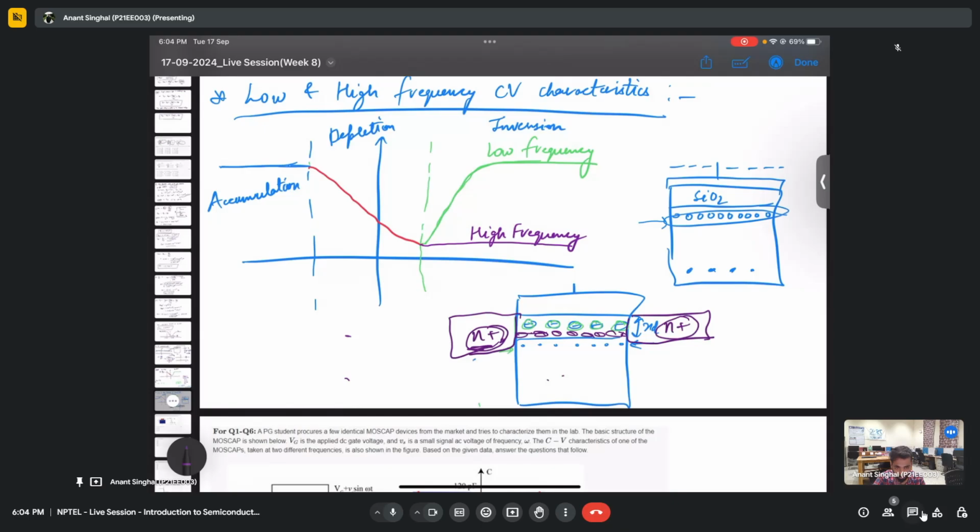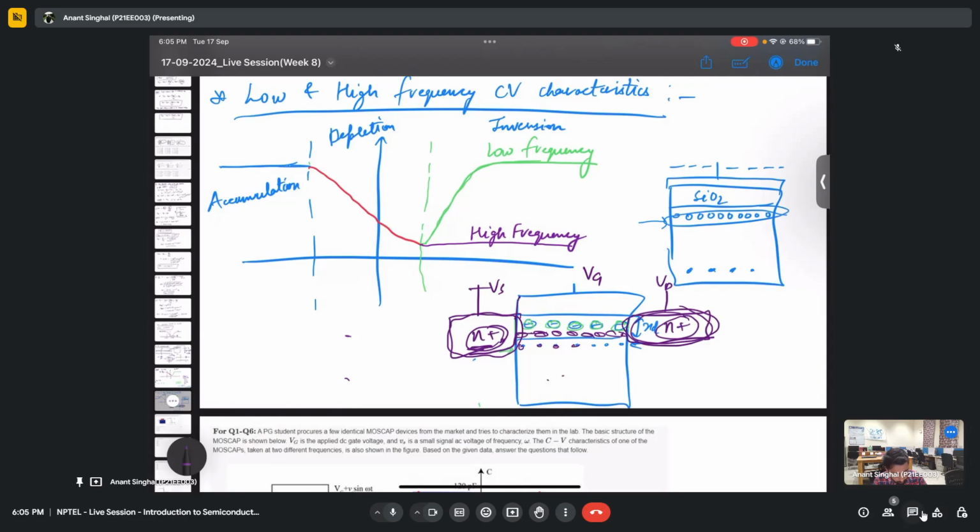Are you able to understand what I'm trying to say? Not fully, sir. Once you go for MOSFET, MOSFET is nothing but the MOS capacitor with additional buckets of electrons. This is what they call the source, this is what they call the drain, and this is what they call the gate. Till now, we are dependent upon the minority carriers of electrons to form the inversion layer.